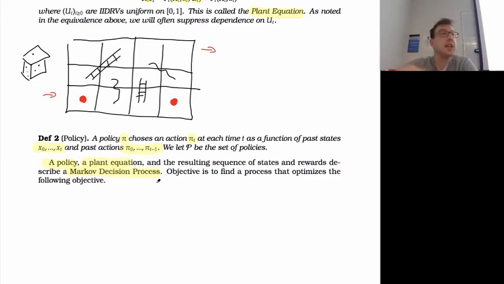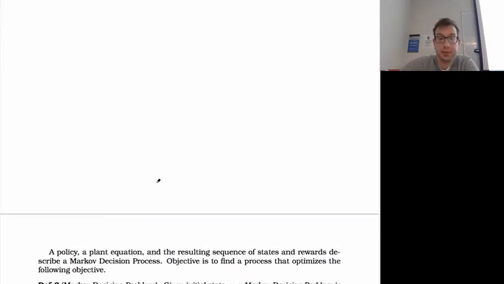And the objective is very similar to what we had before. We want to maximize the sum of rewards.